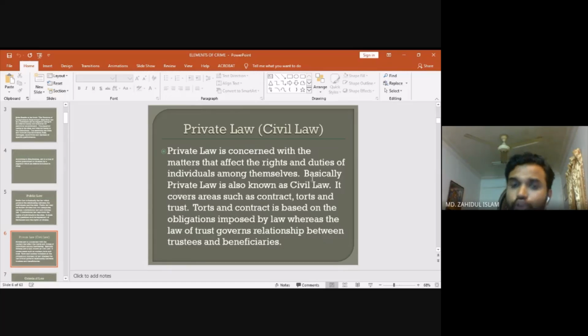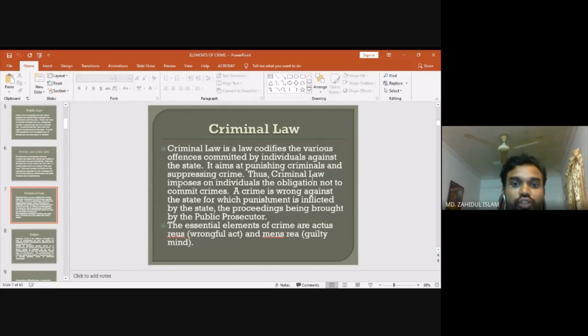But we will talk about criminal law. Criminal law is public law. If we commit any crime, we have to deal with the state, because public law or criminal law is a relationship between the state and the individual. Criminal law is a law that codifies the various offenses committed by individuals against the state.